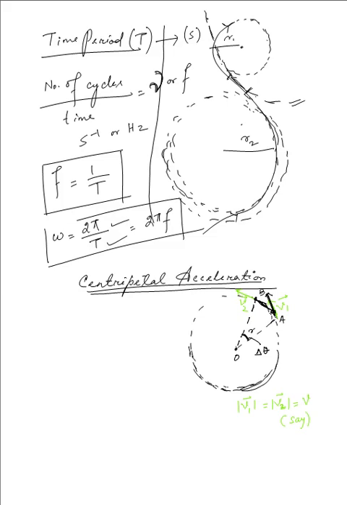I'm magnifying the view for you. v1 is from the point A and v2 is from the point B, and they are produced backward, and here we have the center where it has swept through an angle del theta, and this is the radius r.